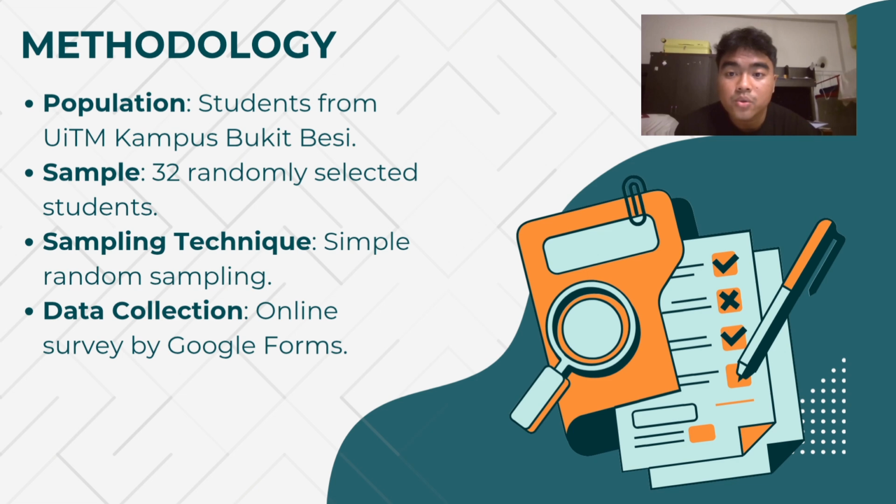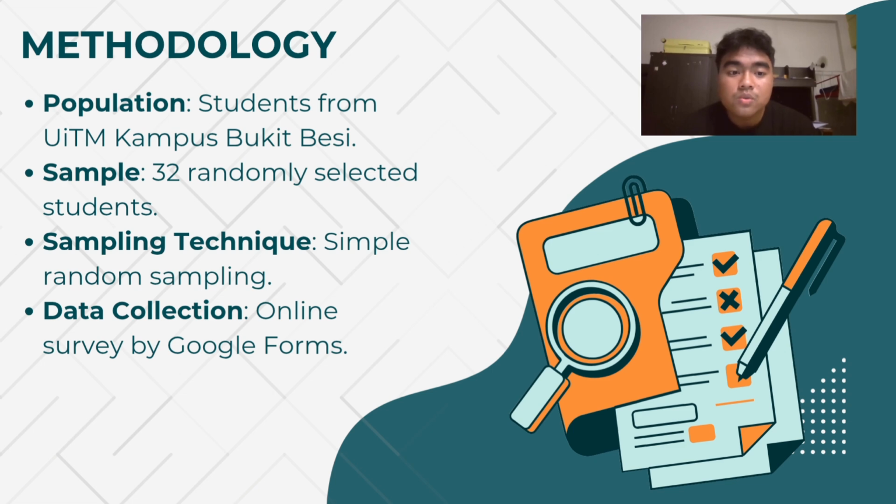So here is the methodology. For this study, we use a simple random sampling method to examine the relationship between phone usage and academic performance among students at UiTM Campus Bukit Besi. We collected data using a Google Form questionnaire, which included questions about students' daily phone usage and their current CGPA.